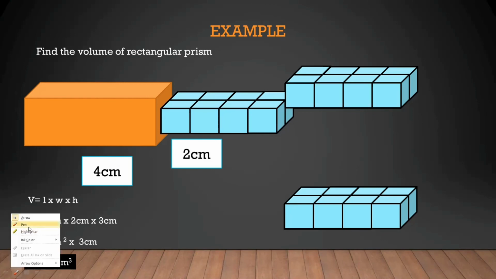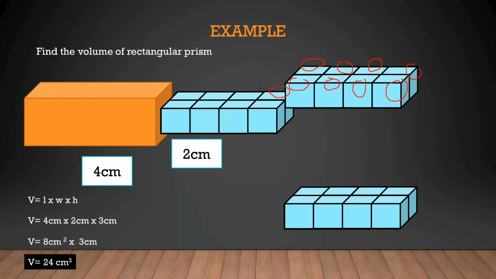So, we have 1, 2, 3, 4, 5, 6, 7, 8, 9, 10, 11, 12, 13, 14, 15, 16, 17, 18, 19, 20, 21, 22, 23, and 24.